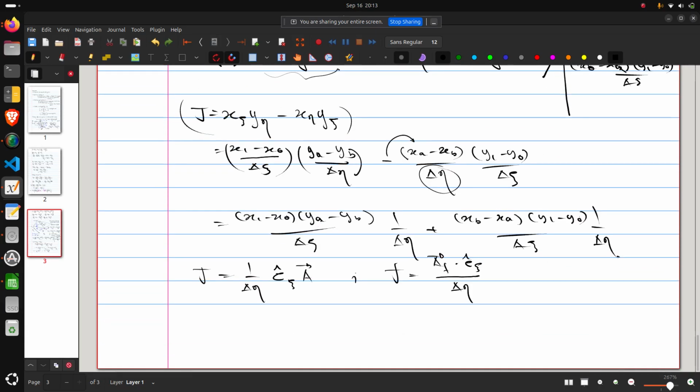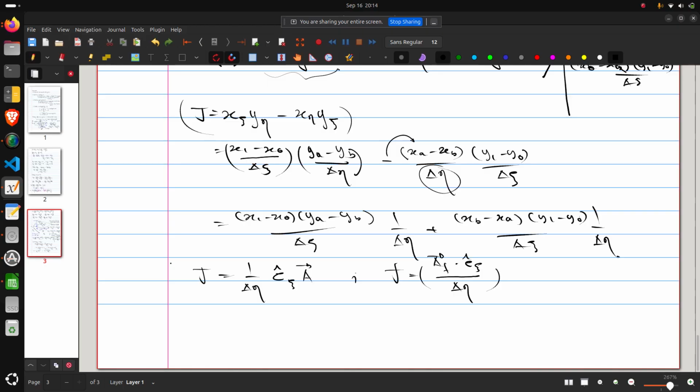So what we have done is that we just rewrote the equation in terms of the area vector and the natural coordinates E psi and E eta. This is just a mathematical manipulation, no need to get too deep into it. It's just for convenience we do this kind of thing.